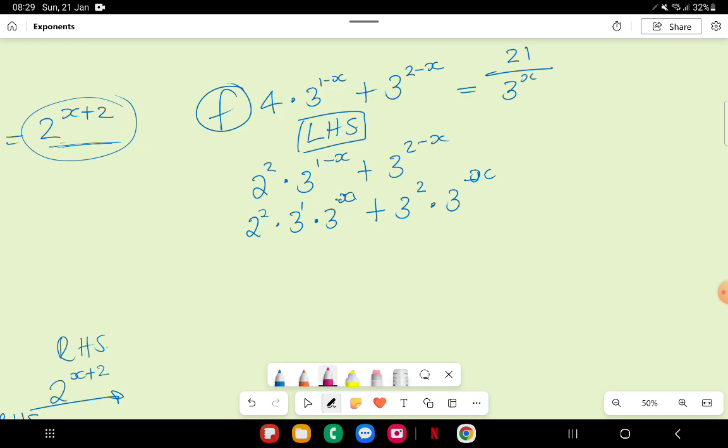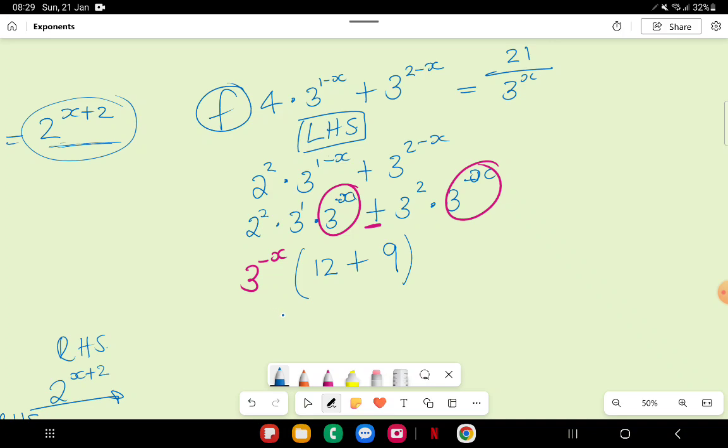Okay, common factor. Over there, remember, terms are separated by pluses and minuses. So I'm taking 3 to the power of negative x out, and I'm left with 2 squared times 3. So 4 times 3 is 12, plus 3 squared is 9.